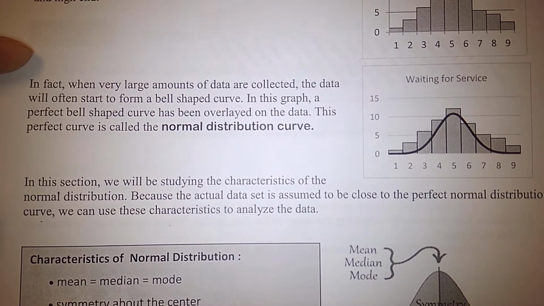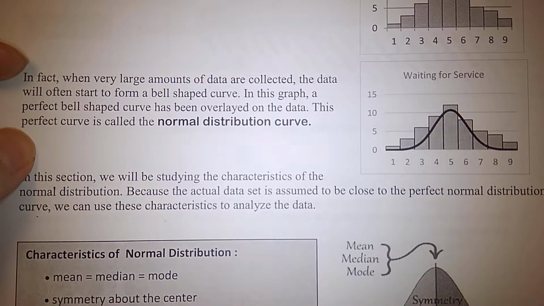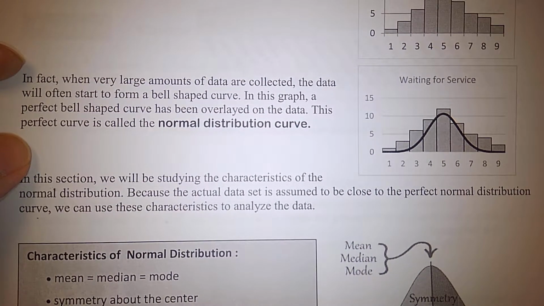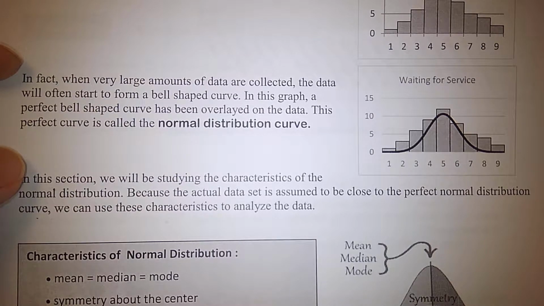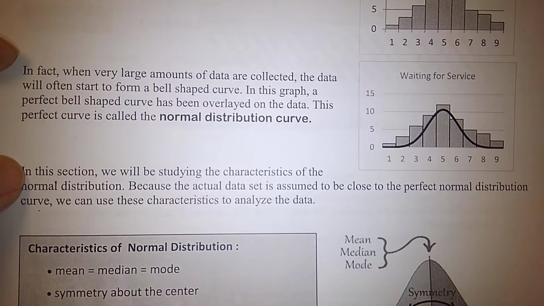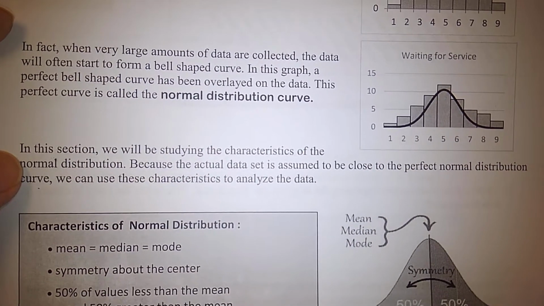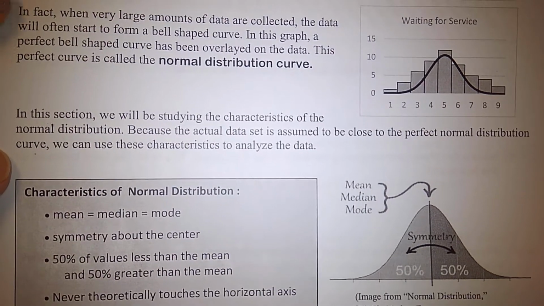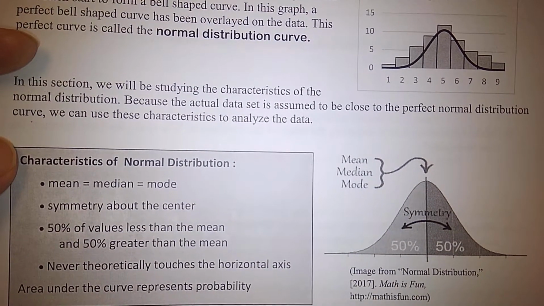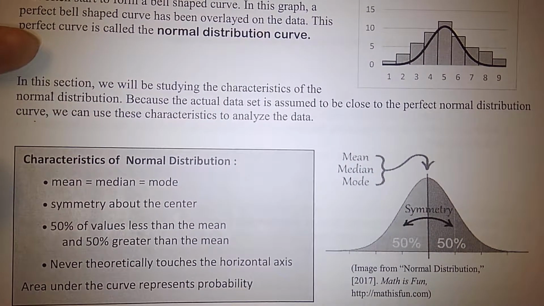Whose turn? Irma? In fact, when very large amounts of data are collected, the data will often start to form a bell-shaped curve. In this graph, a perfect bell-shaped curve has been overlaid on the data. This perfect curve is called the normal distribution curve. In this section, we will be studying the characteristics of the normal distribution.